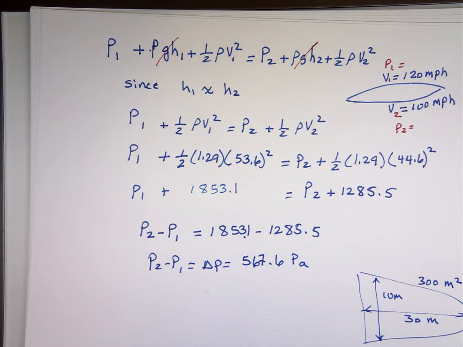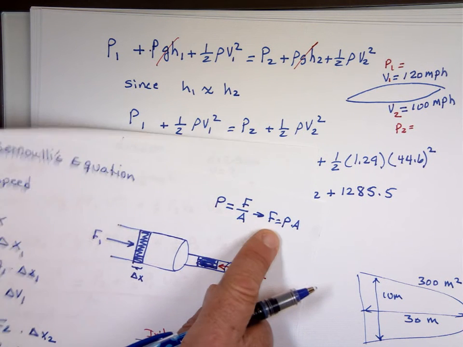Guess what the force is now? What is the force equal to? What is it? Pressure equals what? Force over area. Pressure equals force over area, or force equals pressure times area.